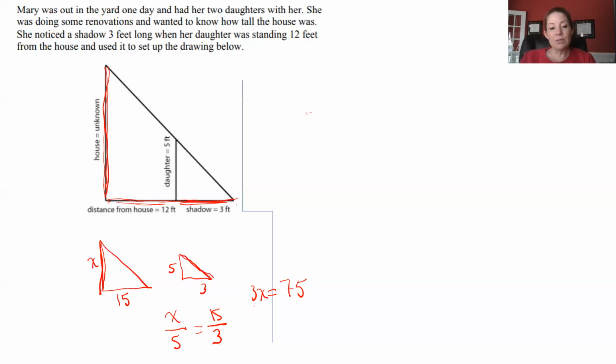To get rid of the 3 times x, we divide by 3. We have to do the same to both sides. So 75 divided by 3 is 25. So we know that the house is 25 feet tall.